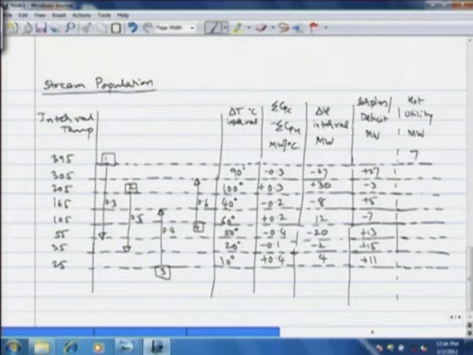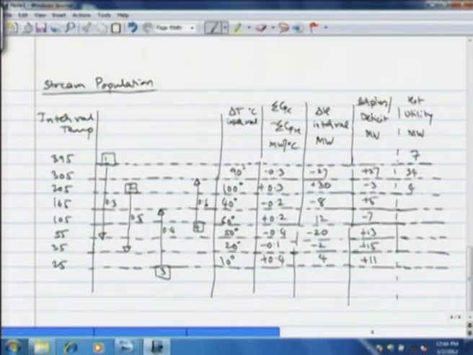So we add 7 megawatt of hot utility, then this 7 adds to the 27 available in the second interval, so that becomes 34. Then out of this 34 we take off 30, so only 4 remain.